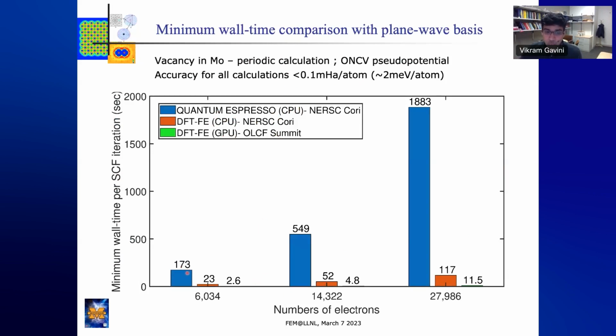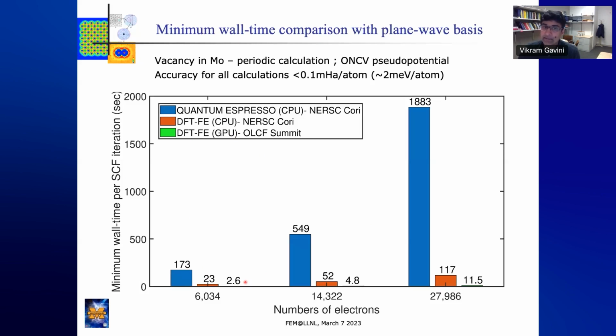And as you can see, once we start going beyond 5,000 electrons or so, we see almost a 10-fold reduction in the minimum wall time requirement for DFT-FE compared to Quantum Espresso. And then we see another 10-fold drop when we use GPUs with DFT-FE. Quantum Espresso also has a GPU based code, but then it cannot scale to multiple nodes.